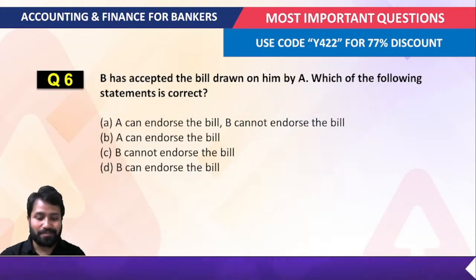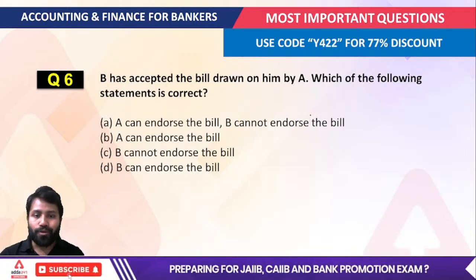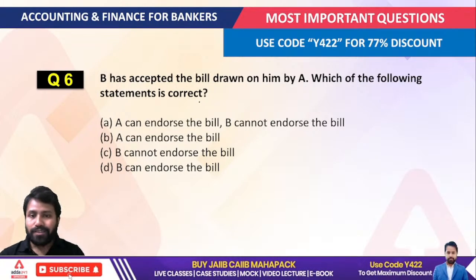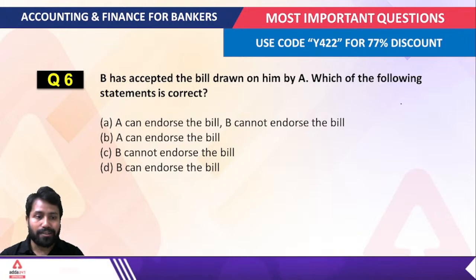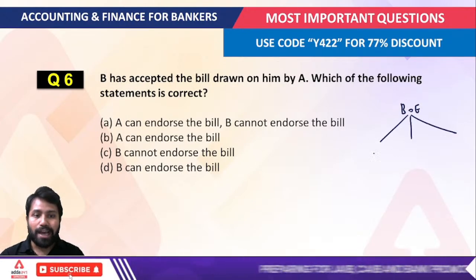Next question. B has accepted the bill drawn on him by A. Always understand, it is a very important concept, because you should not be confused by the language in the examination.